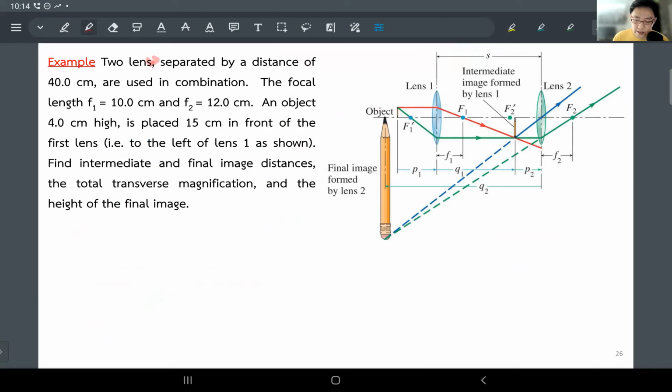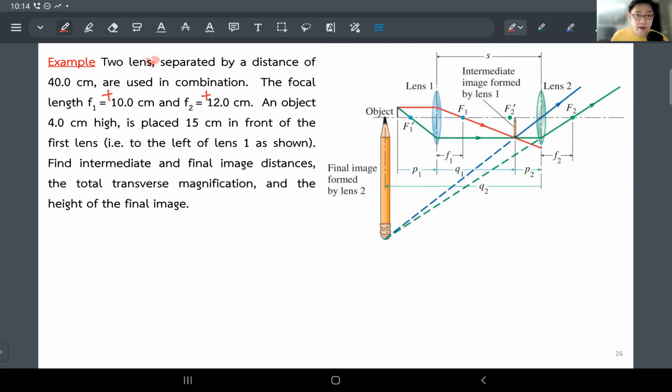And as you can see, these two look like converging lenses, convex lenses. So that means, as we already discussed, the sign of the focal length is supposed to be positive for a convex lens. Just to be sure, you can add a positive sign to both of these lenses. Sounds good? All right, so that's done for the focal length.